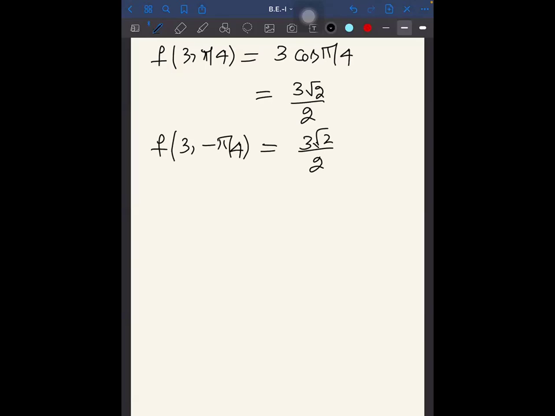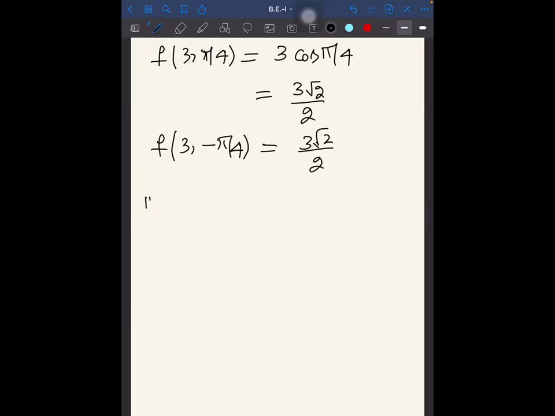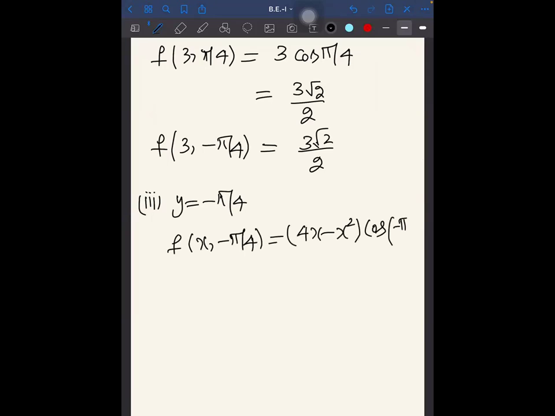Now you are left with only two things. That's what? y is equal to minus pi by 4 and y is equal to pi by 4. So let's start with y is equal to minus pi by 4. So this becomes (4x minus x square) into cos minus pi by 4. That minus will not make any impact.